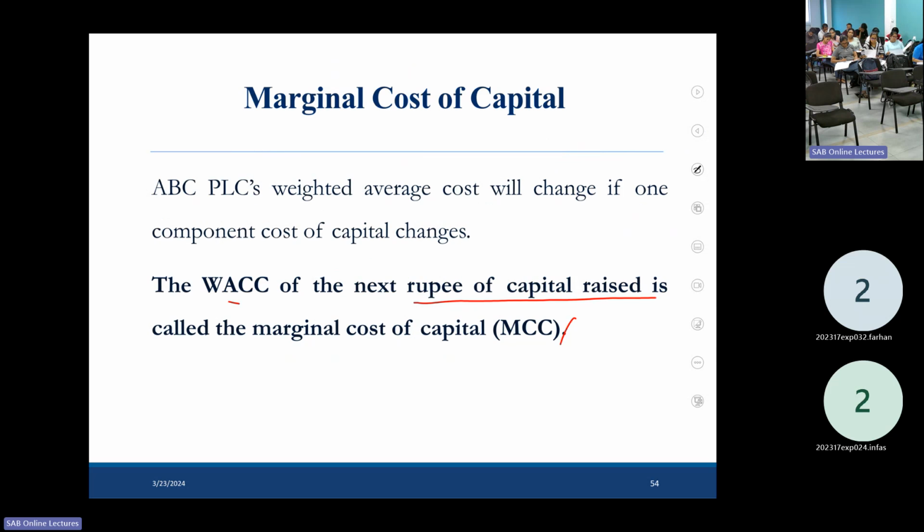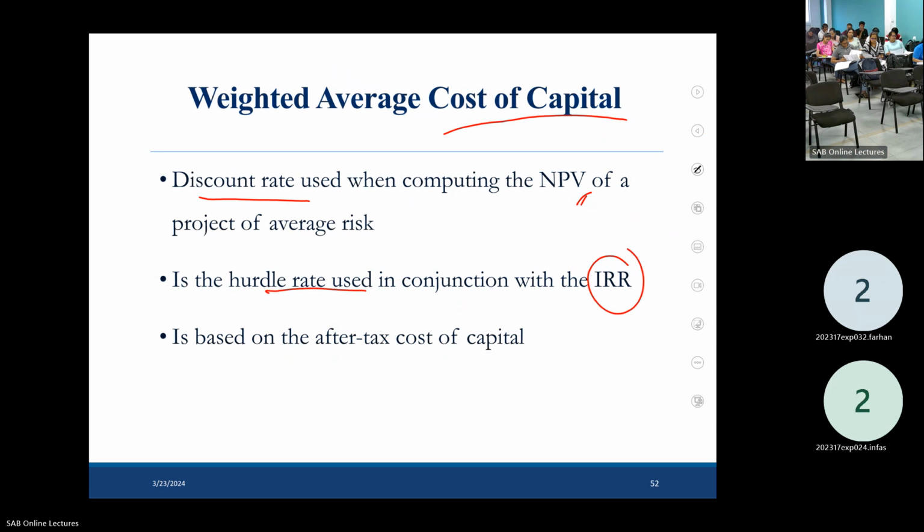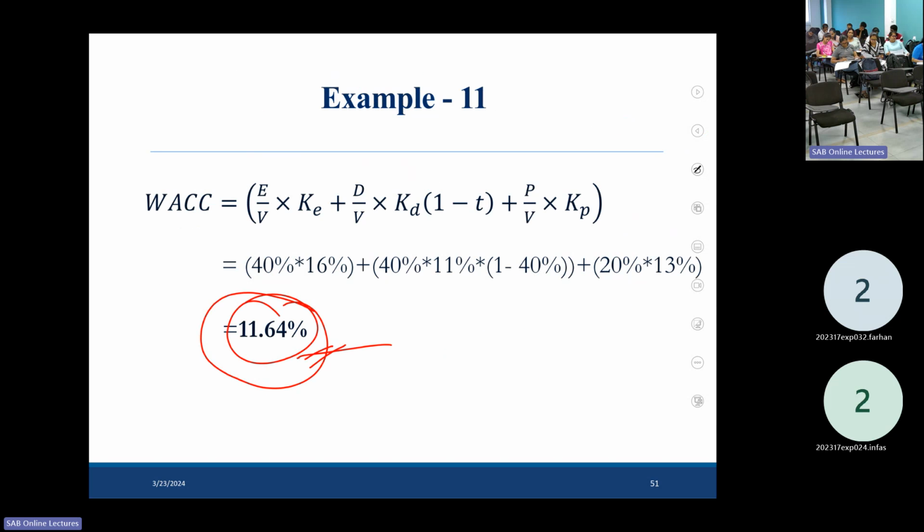This answer, 7.64, is the weighted average cost of capital by taking retained earnings. For the equity, internal and external, first we use the internal equity. So using the internal equity, this is the bank.